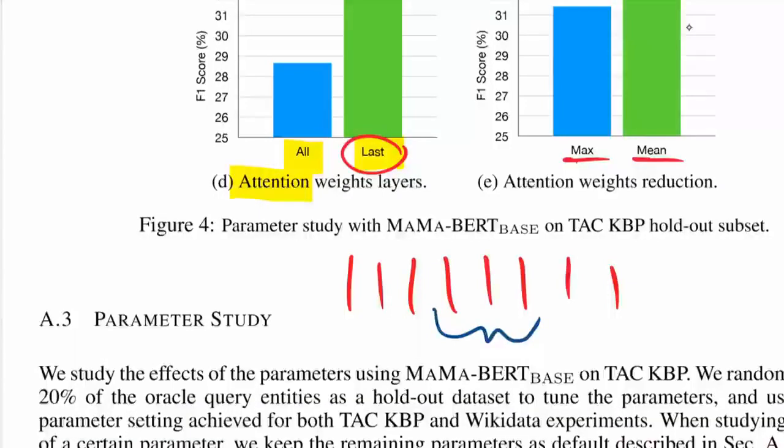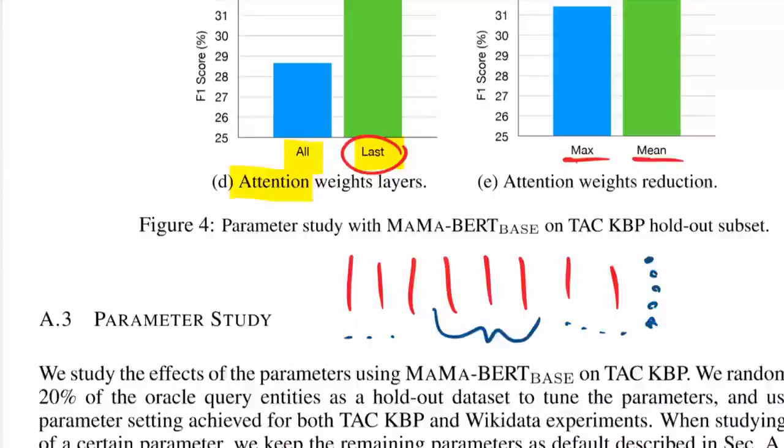Because the lower ones, yes, are for low-level features, but the upper ones are again for low-level features, because the task at the end is to predict an individual word or token, right?